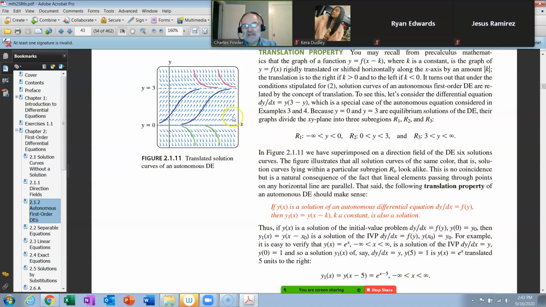Now if y is in between 0 and 3, y is positive because it's greater than 0, and if it's less than 3, then this term is positive, so all your slopes are positive here. And for y greater than 3, y is positive, but 3 minus y would then be negative, so all these are negative slopes.